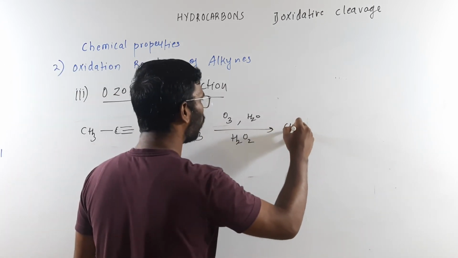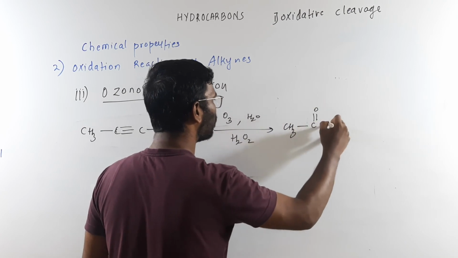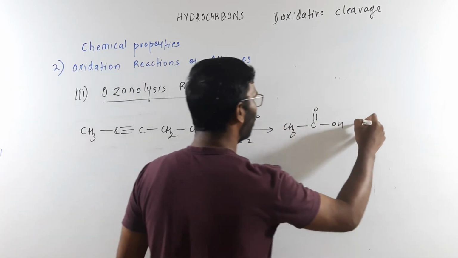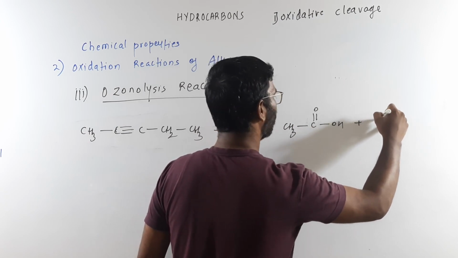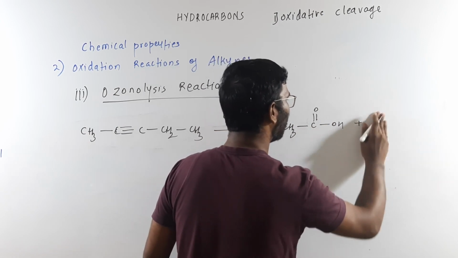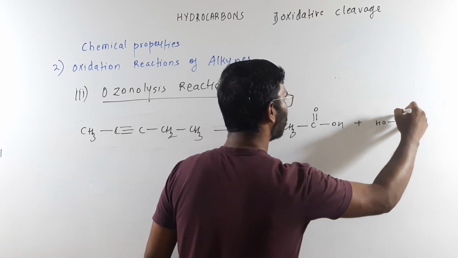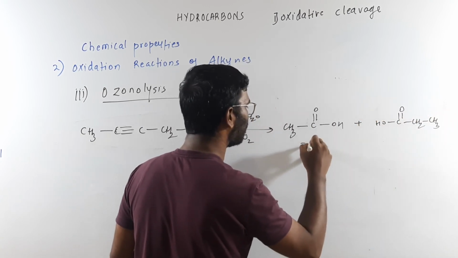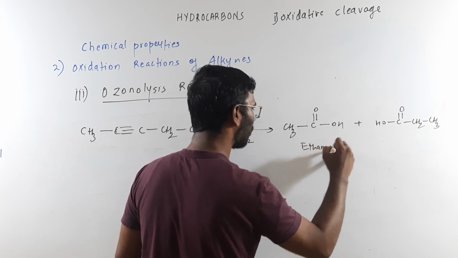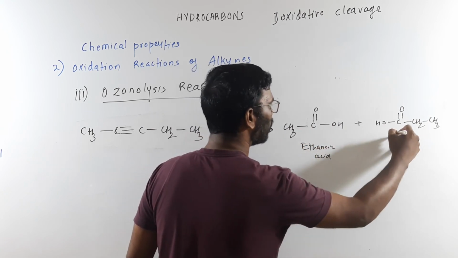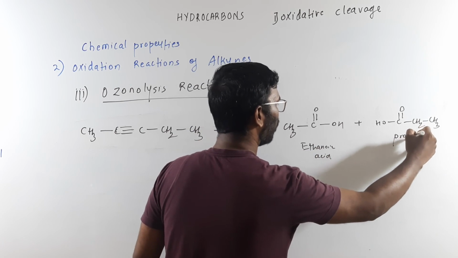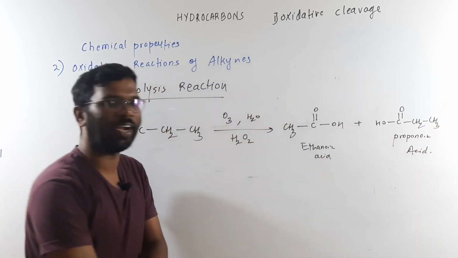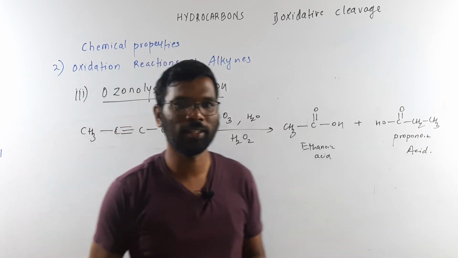The products formed will be ethanoic acid from this part, CH3COOH, and the other will be propanoic acid, OHC O CH2 CH3. This is a final product, and this is also a final product. So this is where I end with the oxidation reactions of the alkynes. Thank you.